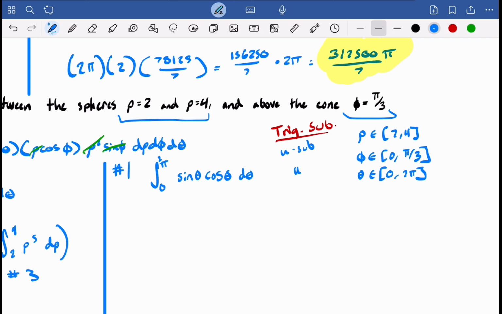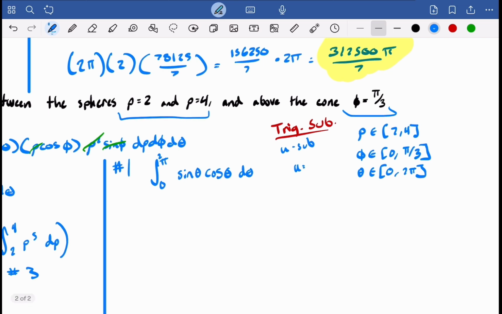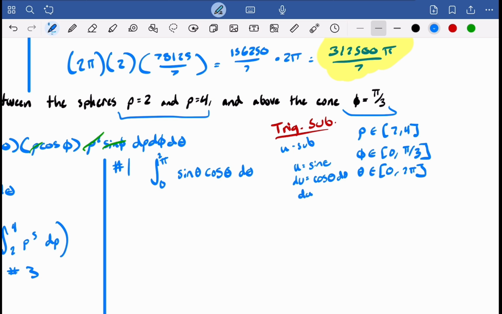That's what I'm going to attempt to do, with u equals sine of theta, because du is going to equal cosine of theta d theta, so that means that du over cosine theta equals d theta.